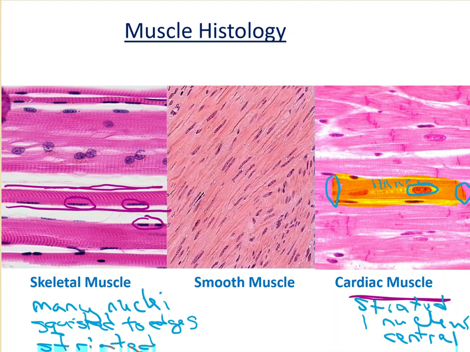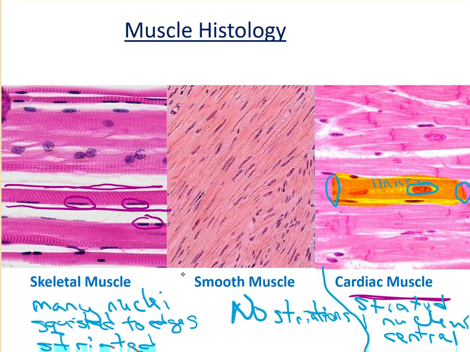This is going to be different from your smooth muscle. Smooth is called smooth because it has no striations, making it very different, right? No striations. And the other thing you're going to notice is it generally has only one nucleus as well. And that nucleus will tend to be centralized as well.